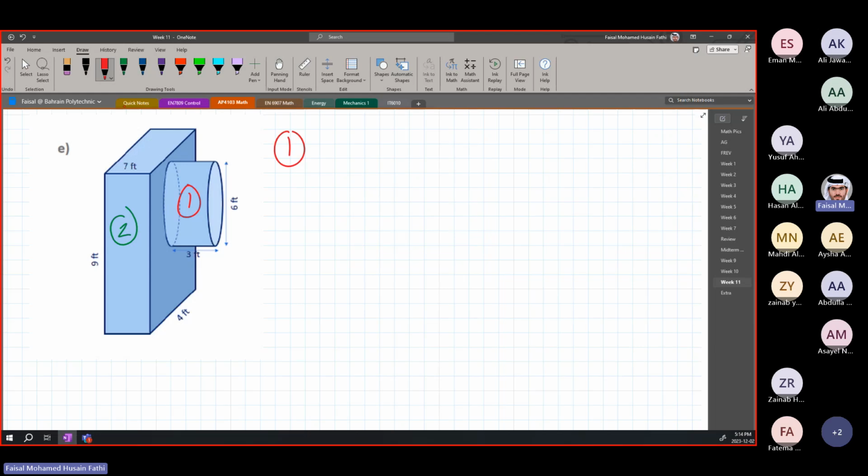Number 1, V1 is equal to the area of a circle. This is a cylinder, so we have the area of a circle times the extended height, or the length, or whatever you want to call it. Let's call it L, which is equal to 3 feet. This is L.